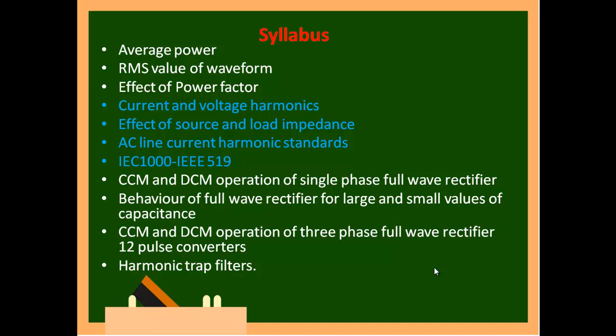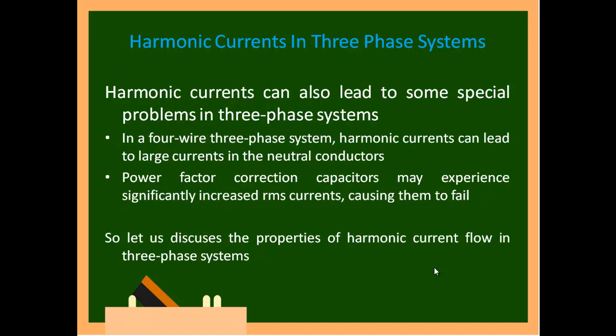Okay, so let us start with harmonic current in a three-phase system. Harmonic current can also lead to some special problems in a three-phase system. In our house we try to get a three-phase supply. The first one is loading.